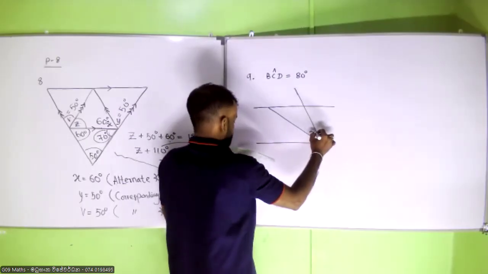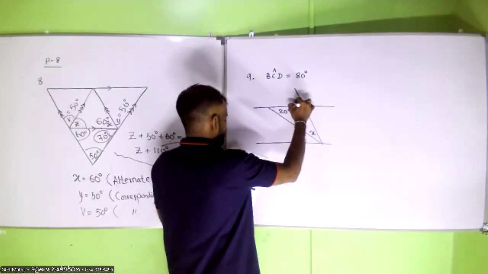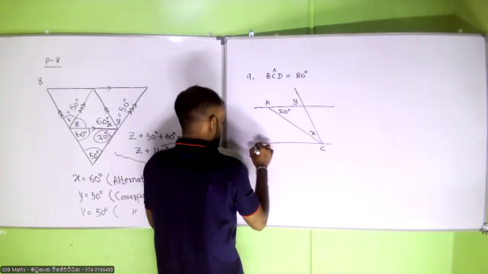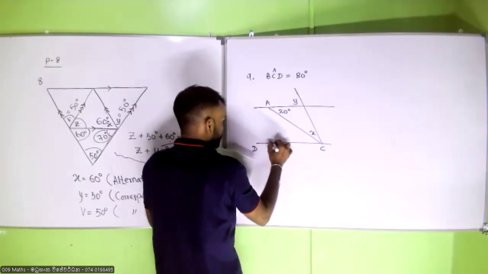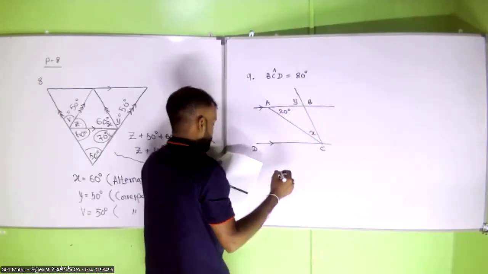X, 20 degrees. This is Y. This is A, C, and D. This is D. Right?